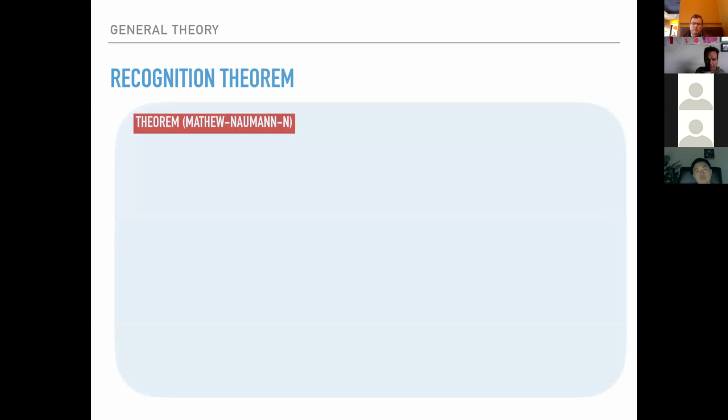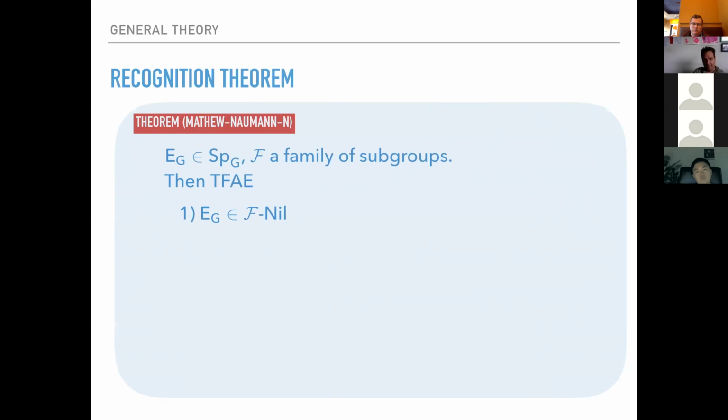So Akhil Mathew and Niko Naumann and myself, we proved a recognition theorem. So if I have some G spectrum E_G, F a family of subgroups of G, then the following are equivalent. E_G is an F-nilpotent spectrum. E_G is equivalent to a homotopy limit over this subcategory of the orbit category, over these E_H.